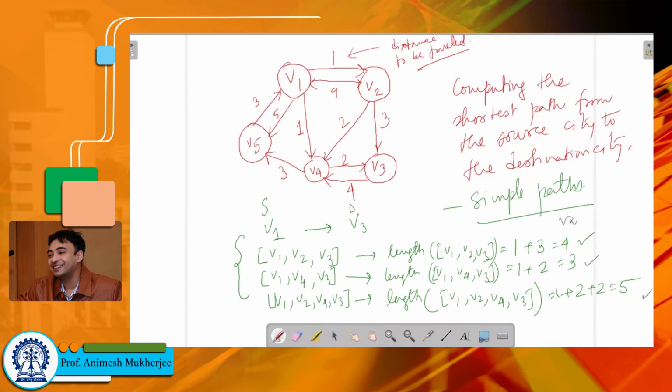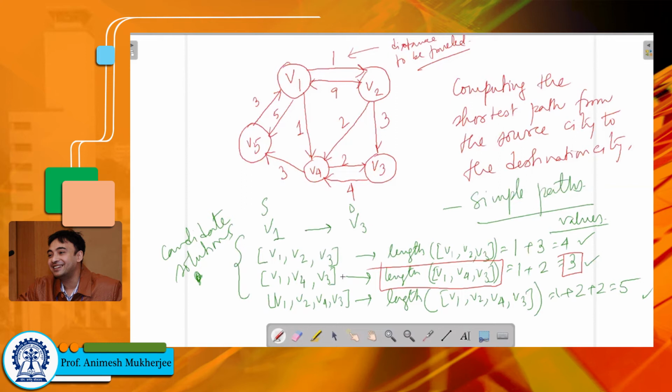These are the values, candidate solutions, and among these, since we want to cover the shortest distance, the optimal value in this case is the minimum value, which is 3, and therefore the corresponding shortest path that we want to choose from V1 to V3 is V1, V4, V3.